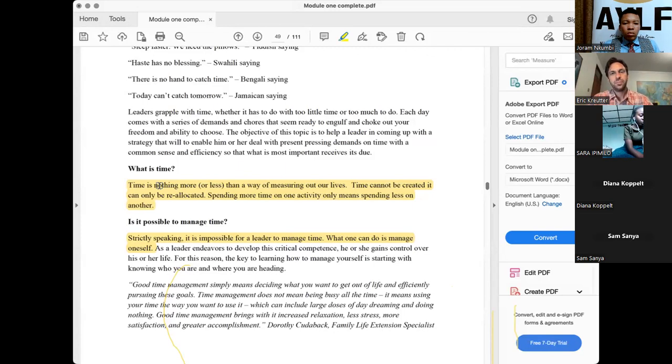And when you spend time on one thing, it means you can't spend time on another thing. When you spend time on sleeping, it means you can't spend time on working.